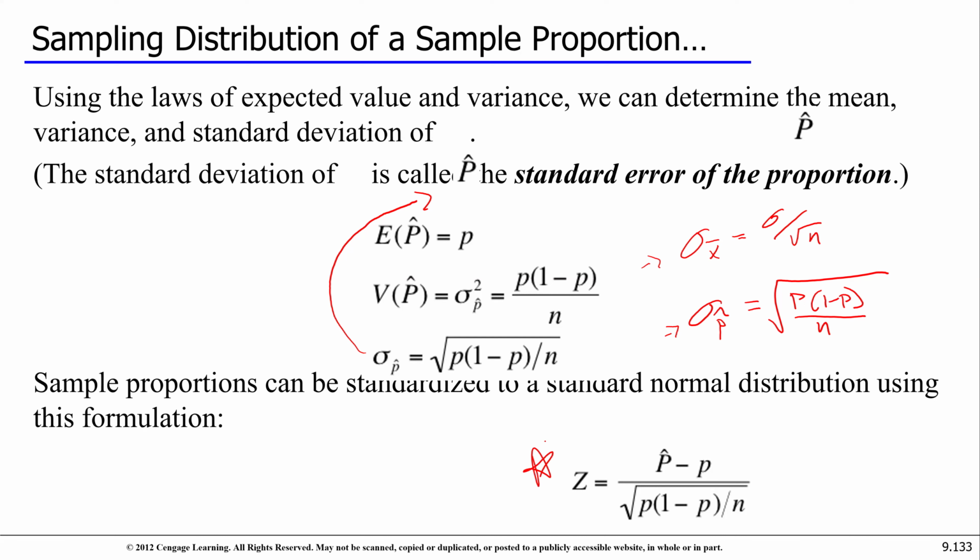This is our new standardization formula, which you need to know. So you'll need to know all of these. The way you find p hat is x over n. P is your population proportion. This will be given to you in the problem itself.